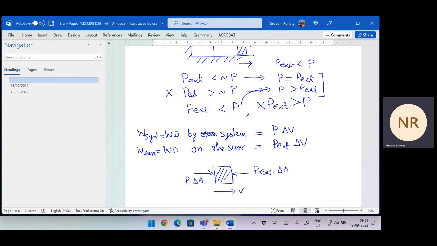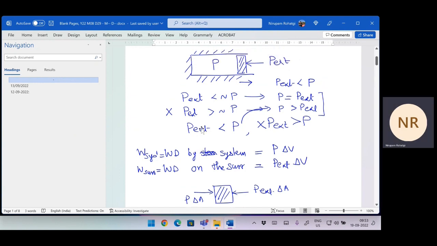Now if the piston is massless, what will happen? Finally, the piston is going to stop after the expansion has taken place. What is happening is the molecules here get kinetic energy. So the work which is transferred to the surrounding is P external delta V only.